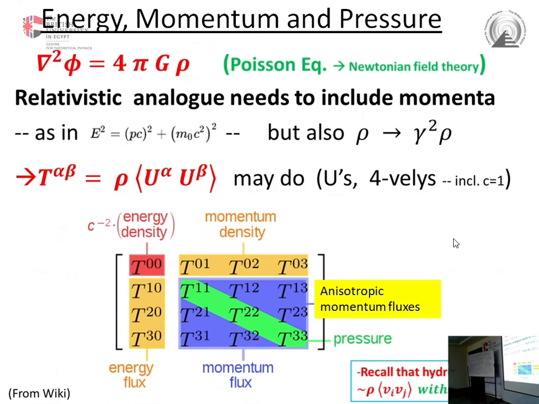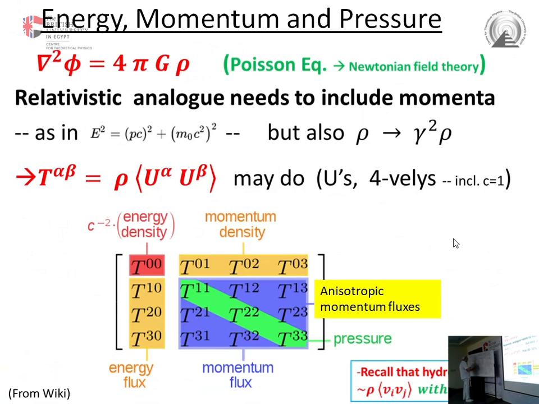The amount of mass that goes through unit area from a cylinder of unit length is rho times the velocity, mass density times the velocity. And this is also the momentum density, rho v, since mv is the momentum.